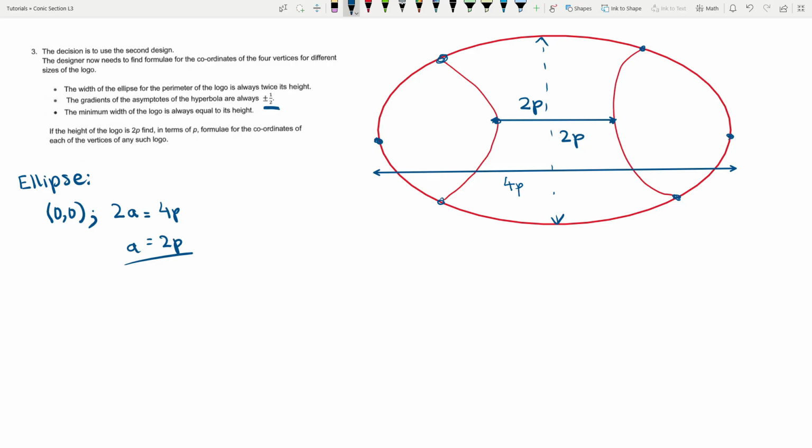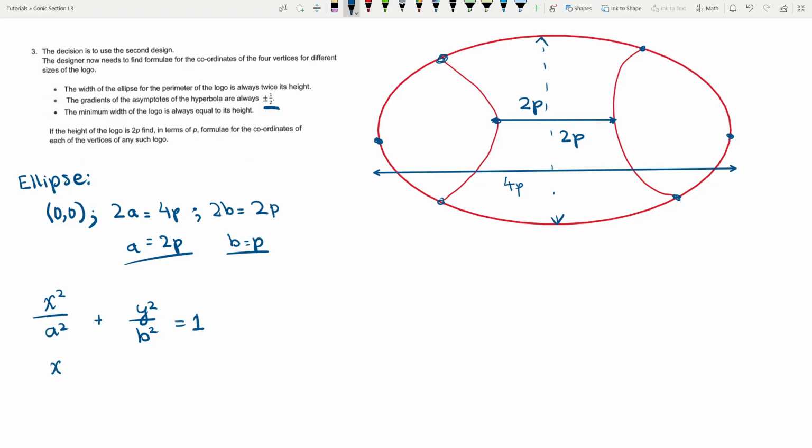I hope that made sense. And our b value: 2b equals 2p, therefore b is equal to p. So our ellipse equation will be x squared over a squared, since our major axis is a, so that's why a goes underneath here, and then y squared over b squared equals 1.